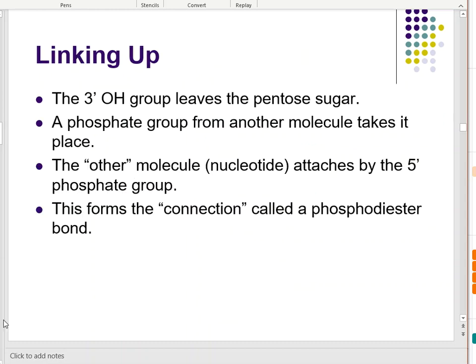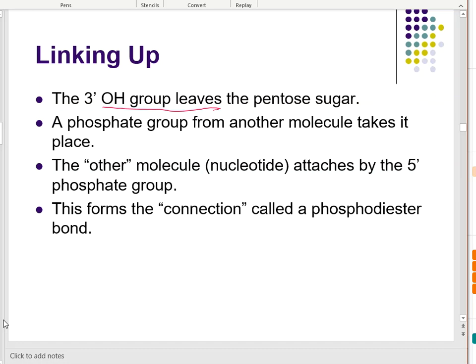All right, linking up. We just identified the 3' and we just identified the 5'. So at the 3' carbon, that OH group that was located there is actually going to leave. It's going to poof, disappear.